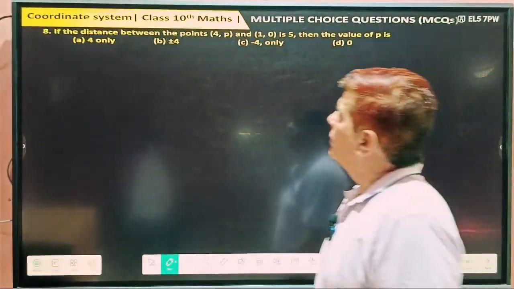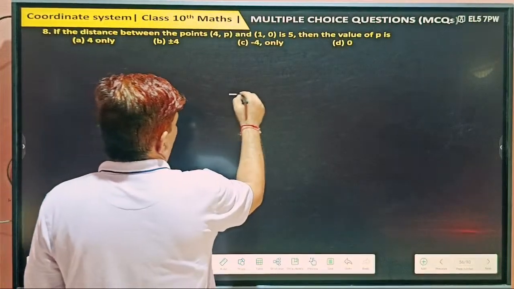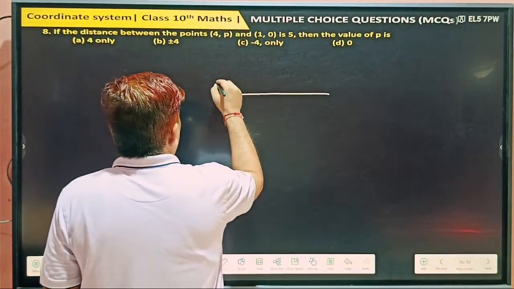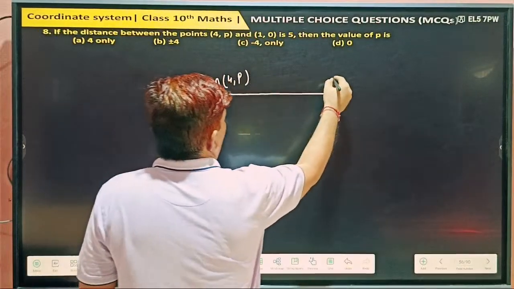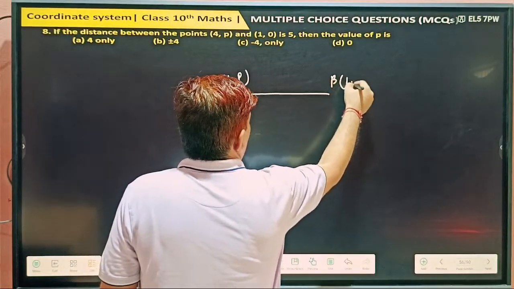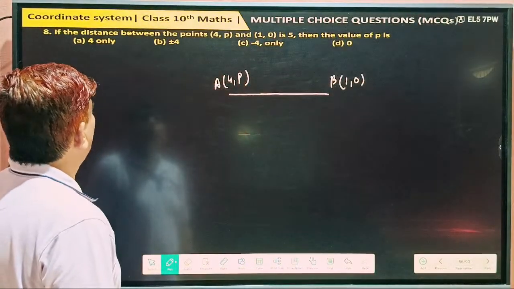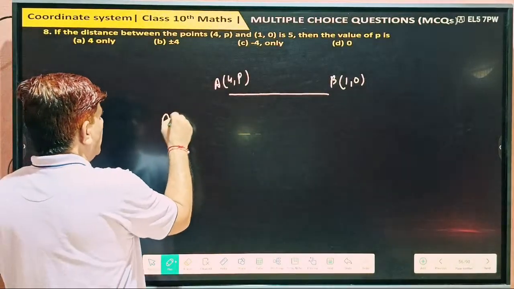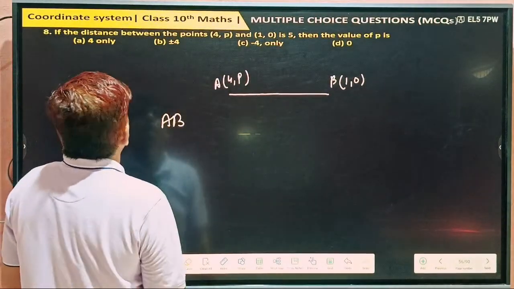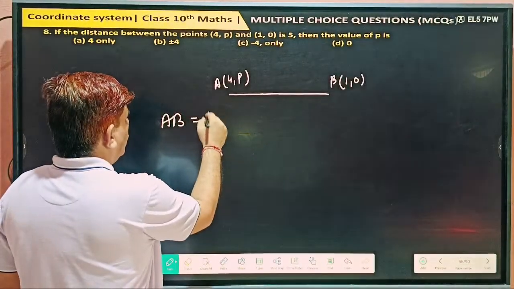Next, if the distance between this point A, which is 4 and P, and B, which is 1 and 0, is 5 units, then we have to find out the value of P. So AB is equal to 5 units.